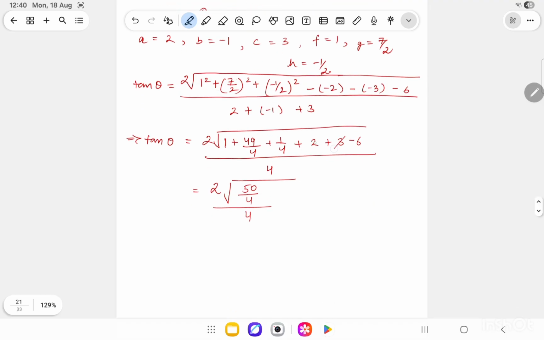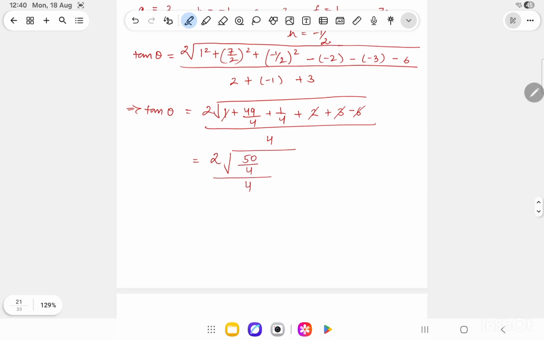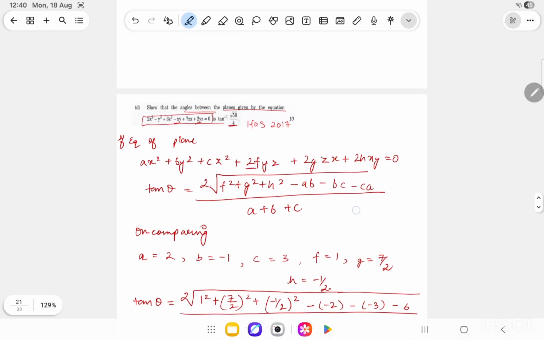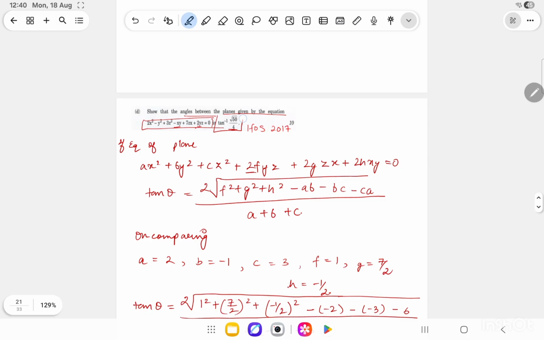This 3 plus 2 plus 1 is 6, this balances out as minus 6. So we got my tan theta as under root 50 upon 4. So my theta is tan inverse under root 50 upon 4. Yeah, this is the angle between these.